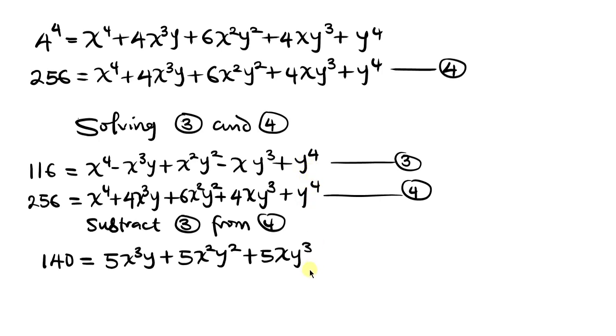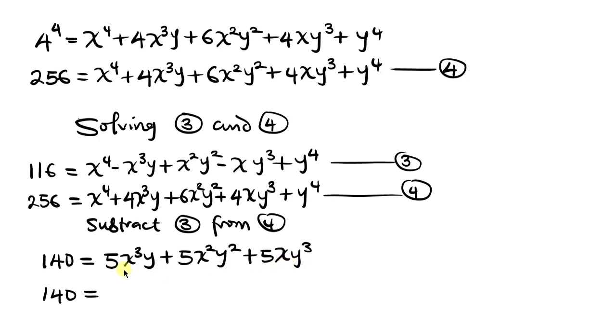Our next step will be for us to factor out 5, since 5 is common on the right hand side. So we have 140 to be equal to, we don't only have 5 common, 5xy is actually common.